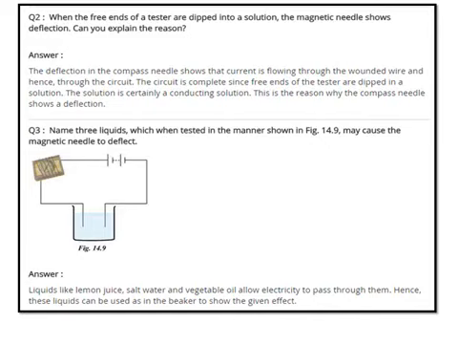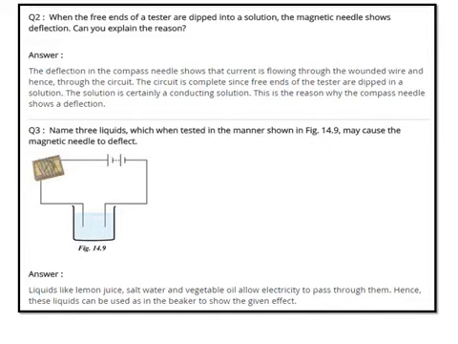So, the deflection in the needle means there is a flow of current in the circuit. When there is a flow of current in the circuit, it means the liquid which you have taken must be a conducting liquid. That's very simple. The next question.